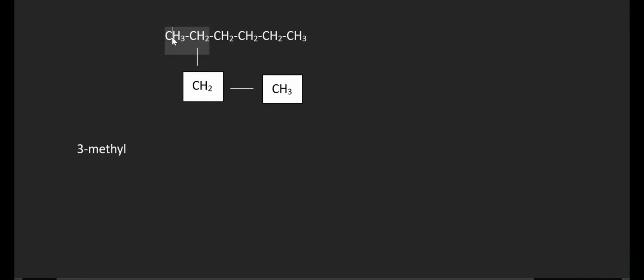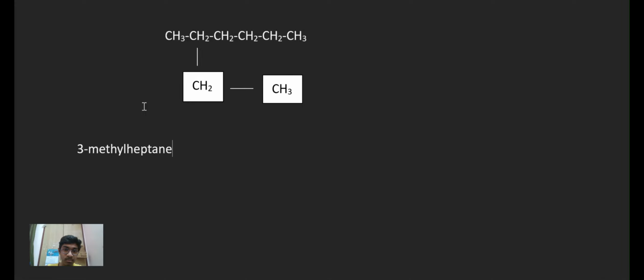On the third number methyl is there, and 1, 2, 3, 4, 5, 6, 7, heptane. So 3 methyl heptane is the actual naming of this compound. Okay, so what is the thing that you learned from this example? The thing that you've learned from this example is to count the longest carbon chain.